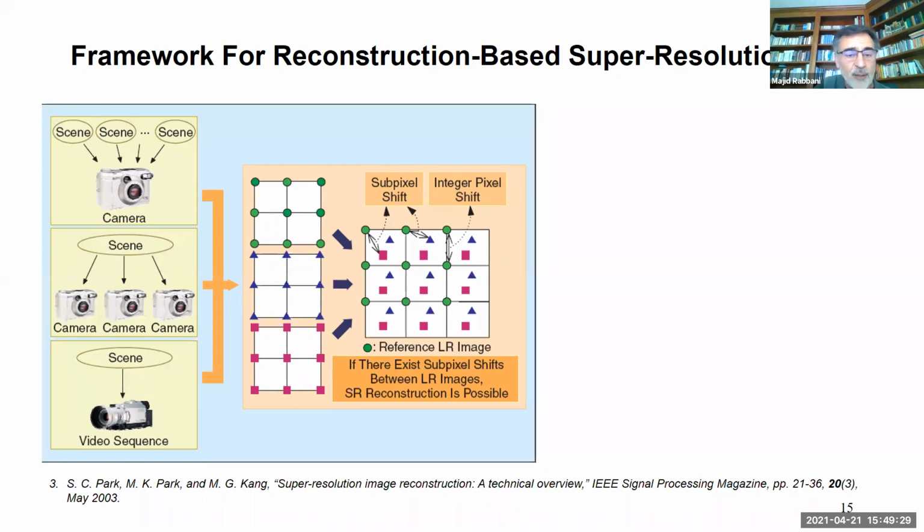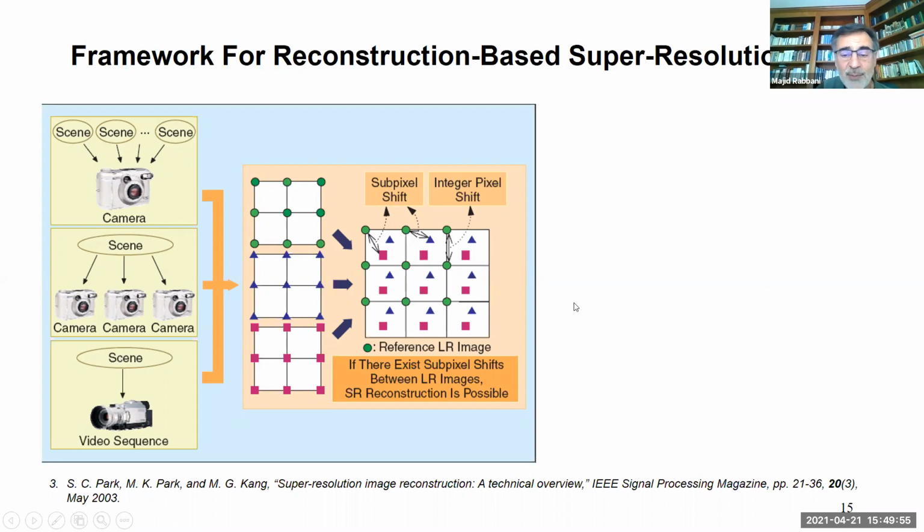So this article is almost 18 years old. As you could see to the left, you can have a camera where multiple frames of a video could come to the camera, or the same scene can be captured by different cameras. Or you can have a video actually taken by the video camera. All of them will end up with multiple images that somehow need to be aligned.